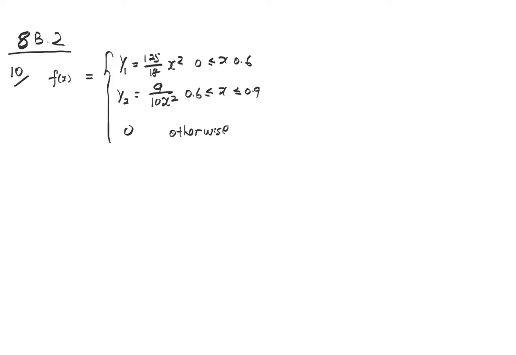Even without me showing you, see whether you know. The first function is only valid from 0 to 0.6. Then the second function, you start from x equal to 0.6 to 0.9. You stop there. So that is the domain. You get me?